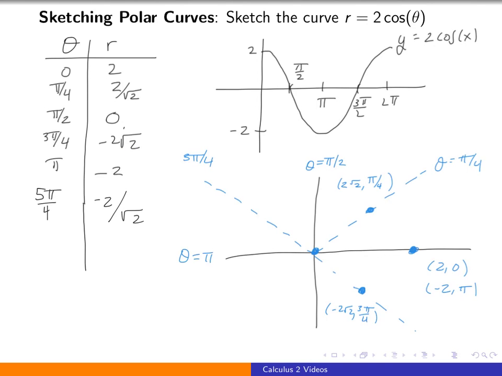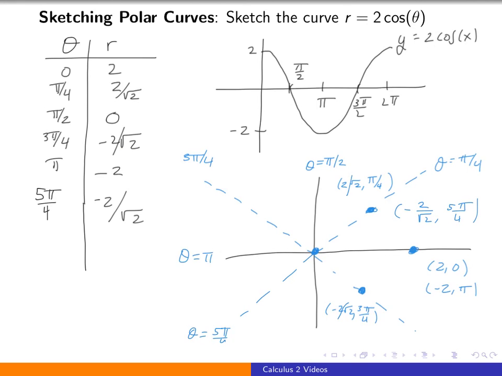For this last point, 5 pi over 4 would correspond to the ray drawn here, but the negative r value means we go in that opposite direction, and we end up back at this point that we had previously. So minus 2 over square root 2, comma 5 pi over 4.